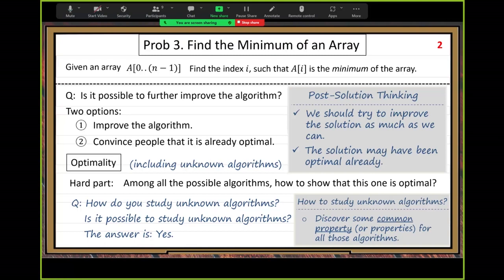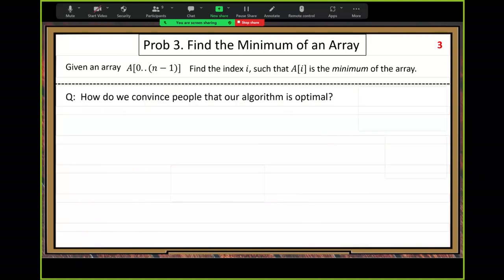Then we can use the common property to study unknown algorithms. Here we are lucky. We can find a common property to cover all those possible algorithms. I will show you that.